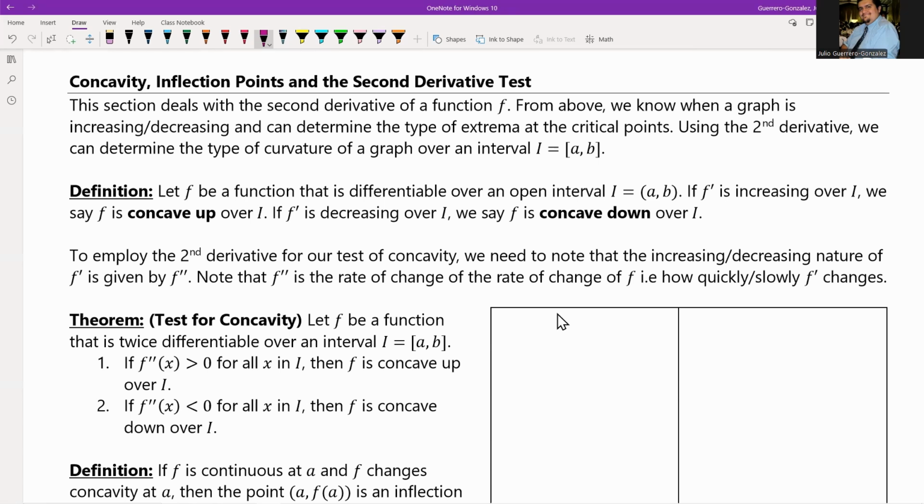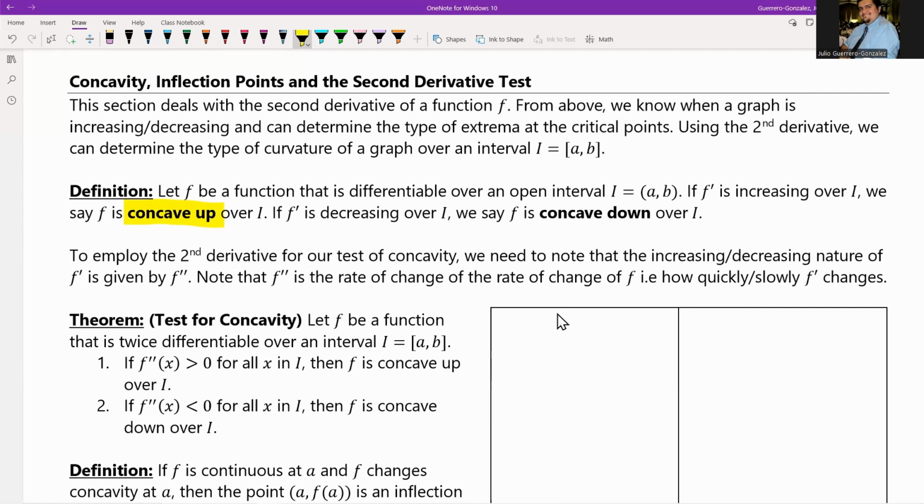So first thing I want to do is define some stuff. Suppose f of x is differentiable over an open interval I. If f prime is increasing over I, we say that f is concave up. So remember what f prime does: f prime is the slopes of the tangent lines.